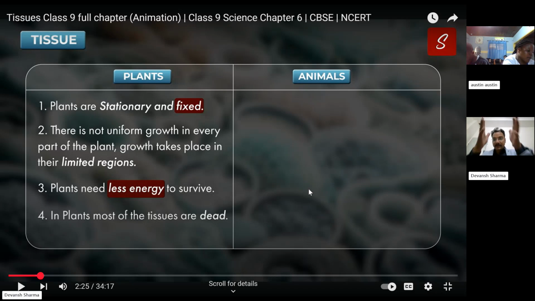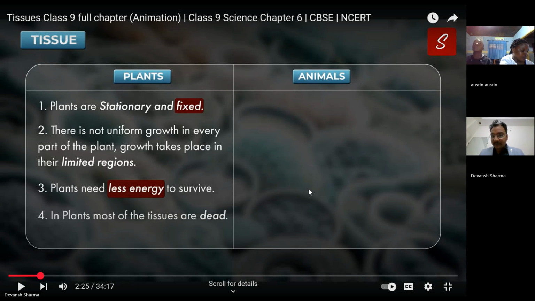You can see that the bark of the tree, the tree trunk, which is brown in color from outside, is very rough and hard. It is made up of dead tissues. Living tissues are present inside the plant. So that is why most of the plant is made up of dead cells.